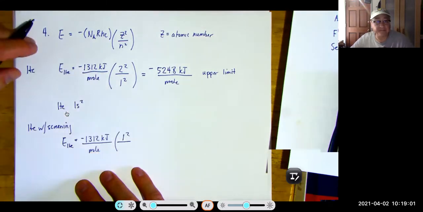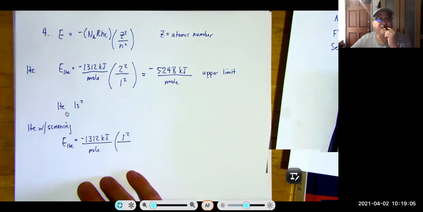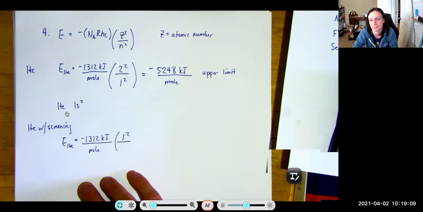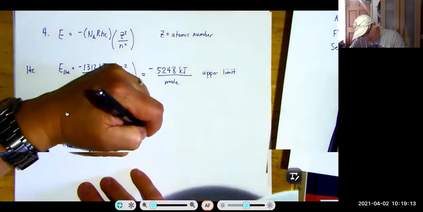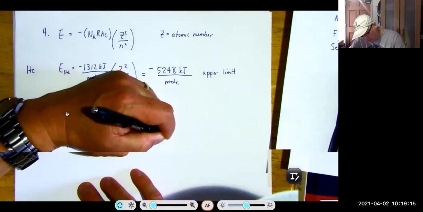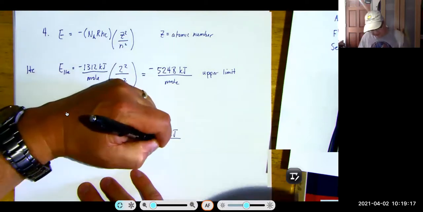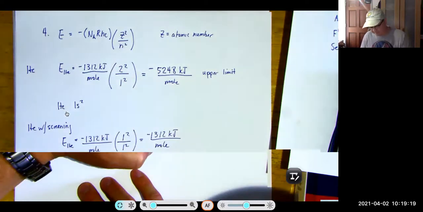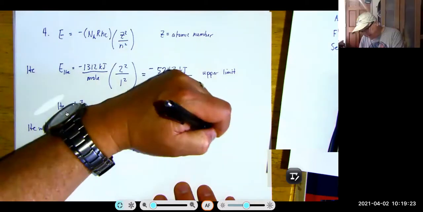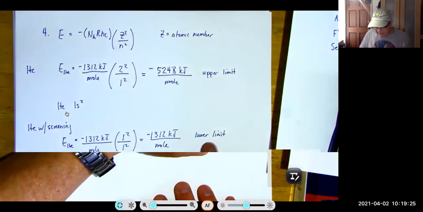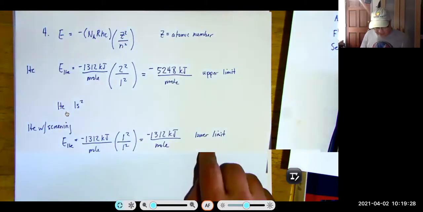And n is the same. So we're going to get minus 1,312 kilojoules per mole, and we don't even need the calculator for this. So this is the lower limit. That means this is the least amount of energy needed to take that electron away.